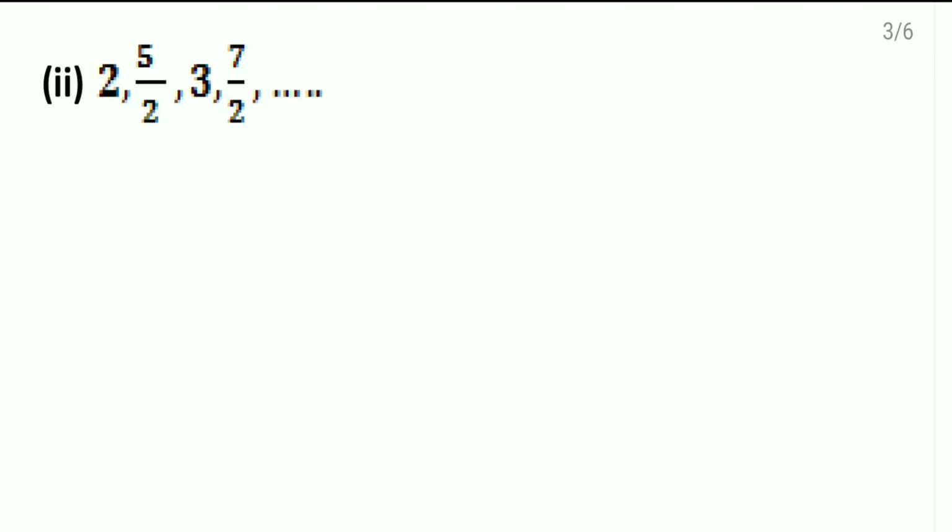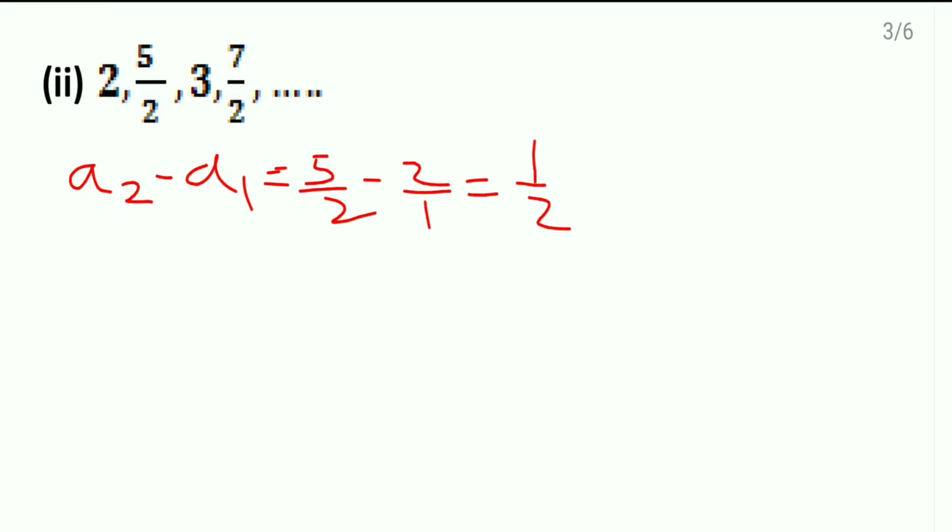For the second one, once again I will try to get the D, A2 minus A1, which is equal to 5 by 2 minus 2. After doing LCM, we are getting here 5 minus 4 by 2, which comes as 1 by 2. Now we'll check for the other one also, A3 minus A2.